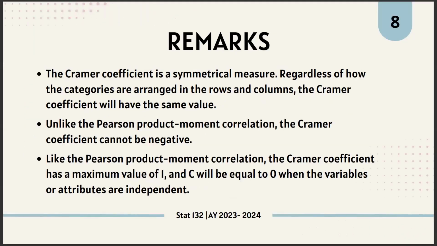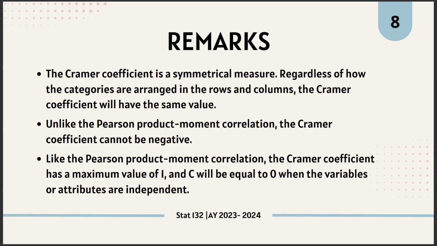Some remarks. The Kramer coefficient is a symmetrical measure. This means that even if we interchange the rows and columns, this will not affect the value of the Kramer coefficient. So the Kramer coefficient will have the same value. Unlike the Pearson product moment correlation, the Kramer coefficient cannot be negative. Remember that the Pearson product moment correlation can run from -1 to 1.